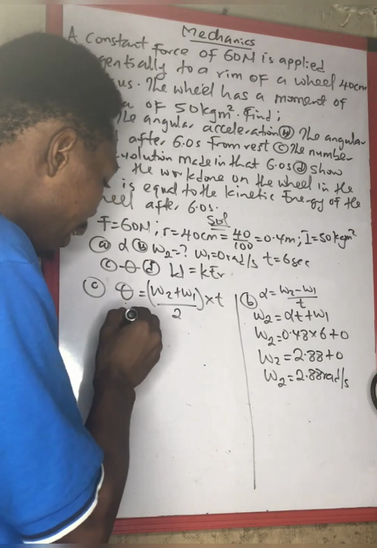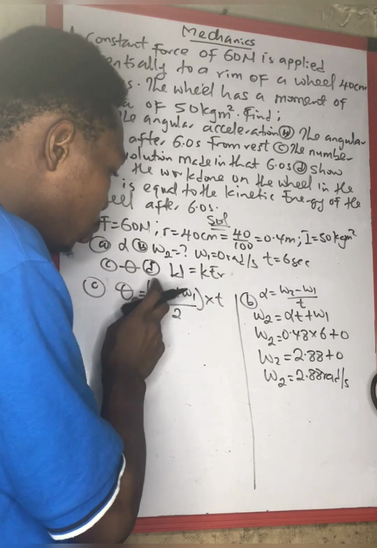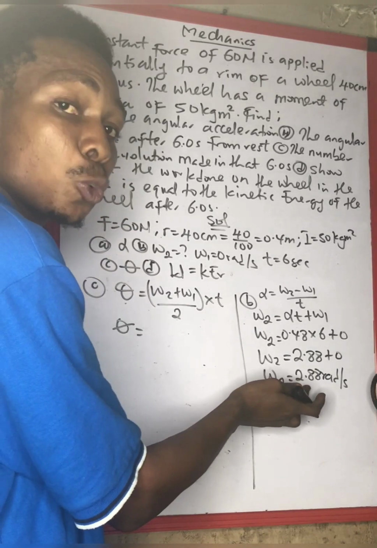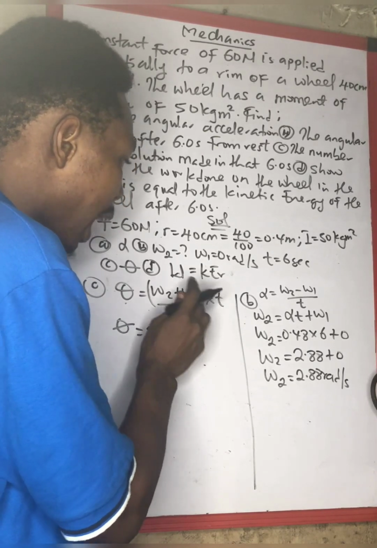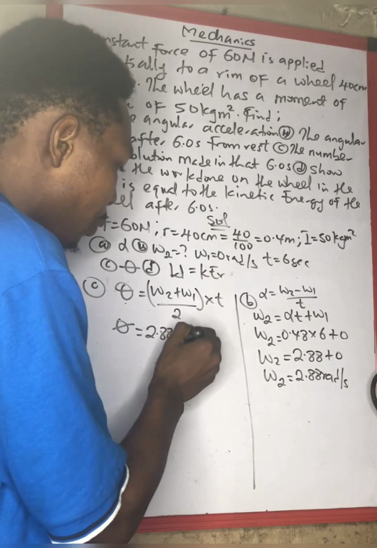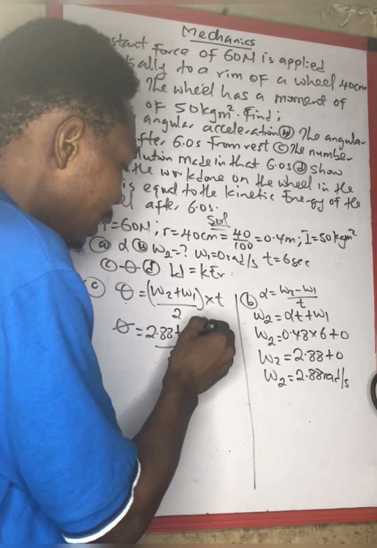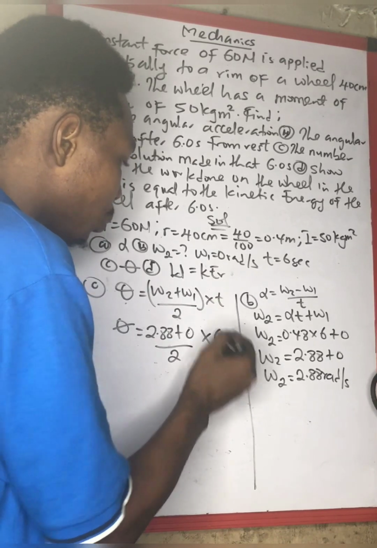So our theta will be equal to 2.88 plus our W1, which is 0, all over 2, times our time, which is 6.